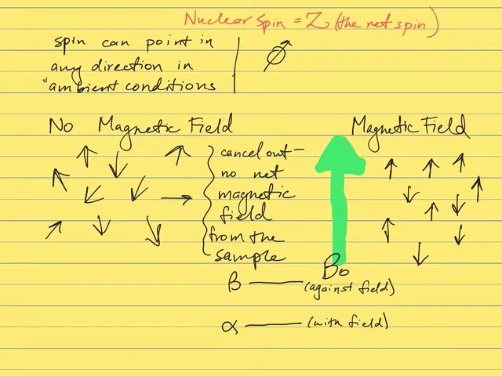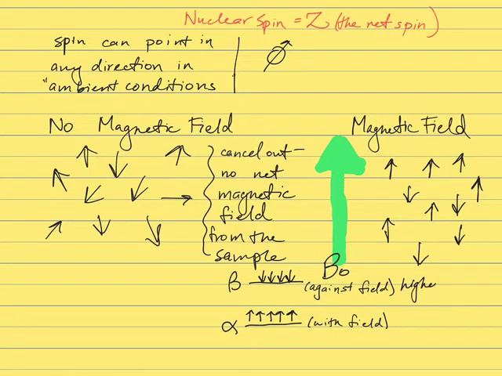So it's a little bit more stable for it to line up with the field than against the field. And I did draw a couple more arrows pointing with the field than against the field to sort of illustrate this.